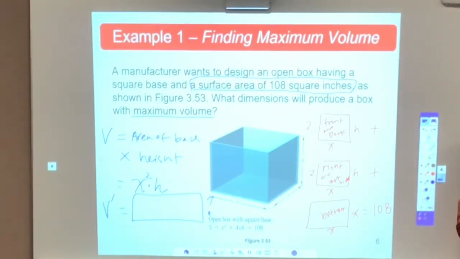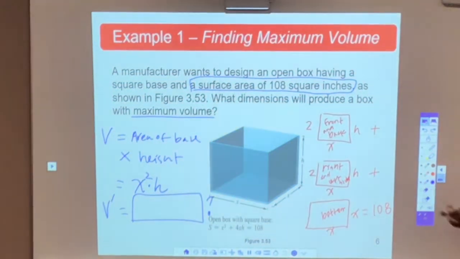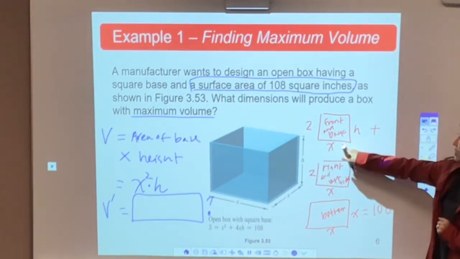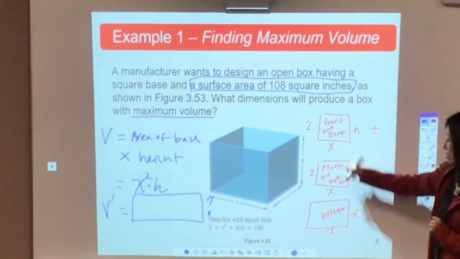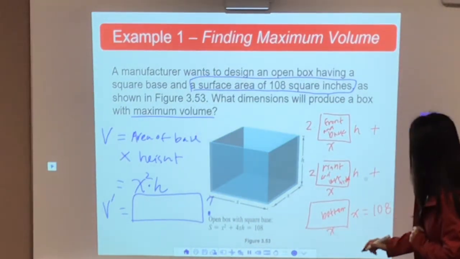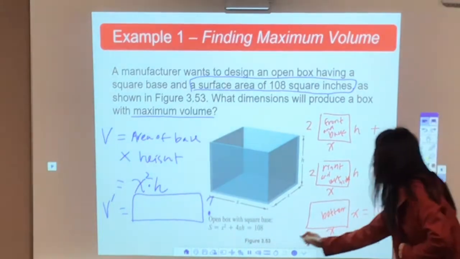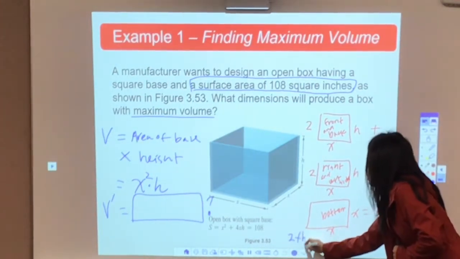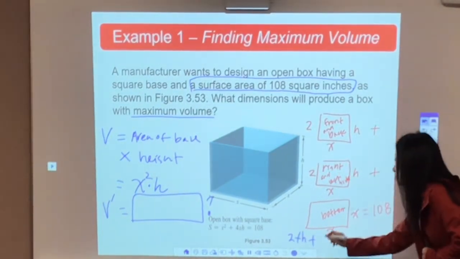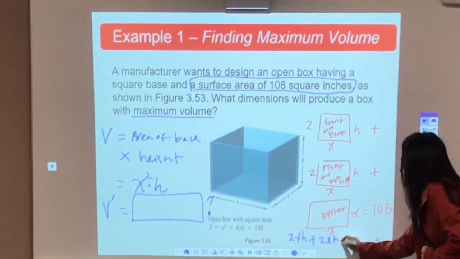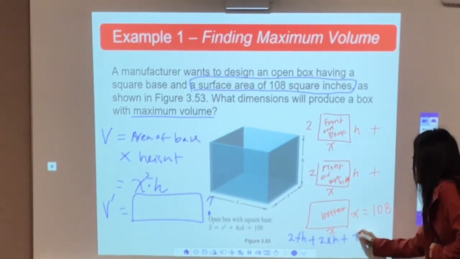Can you tell me what this is equation-wise? That'll be x times h, two of them, and this is also x times h, and this one is x squared.